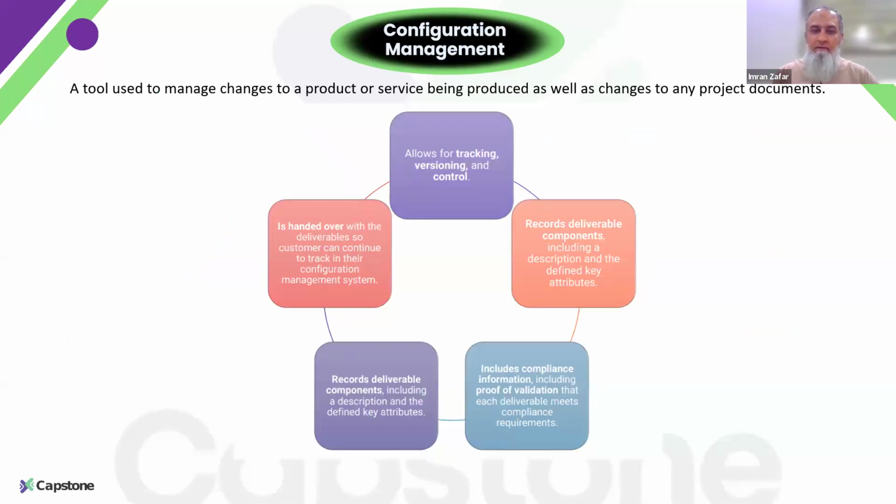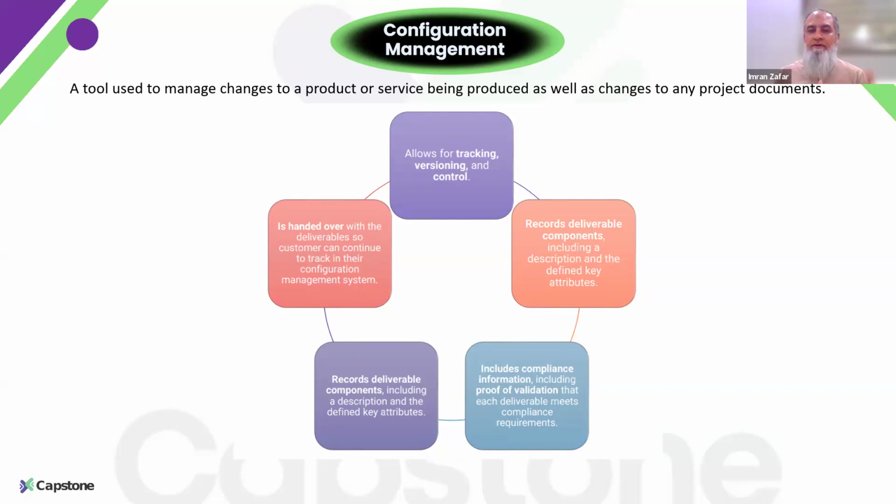Configuration management is also utilized in projects. What is configuration management? It's all about tracking different documents and doing the version control kind of things, and recording these accordingly, because as we go along in the project there may be changes coming in different project documents or maybe project plans.